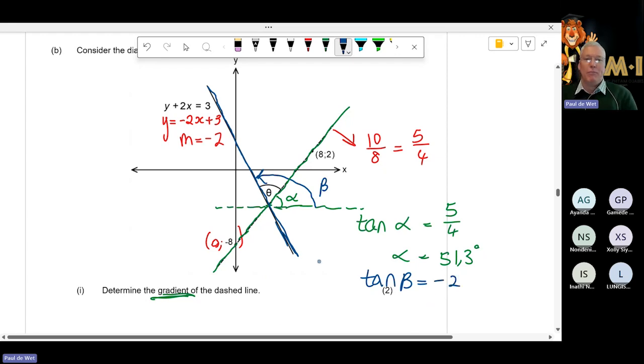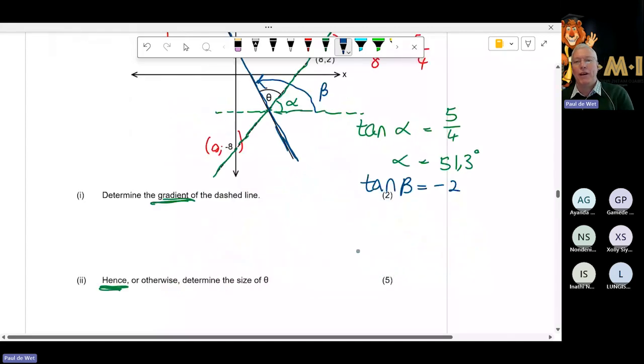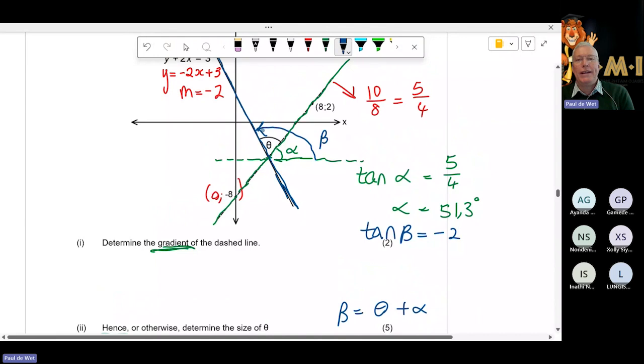So theta is beta minus alpha, isn't it? Theta is beta minus alpha. What is beta though? Are we going to get beta if we know the tan of beta is minus 2?